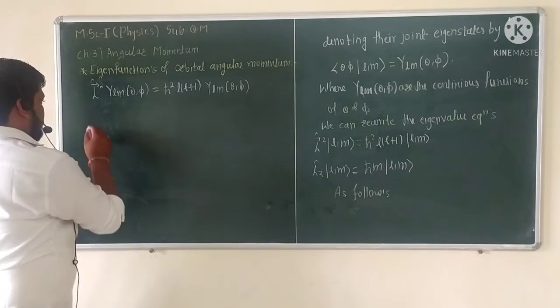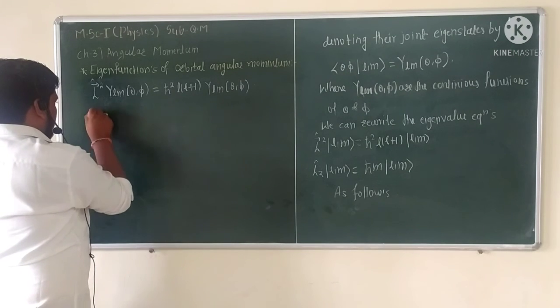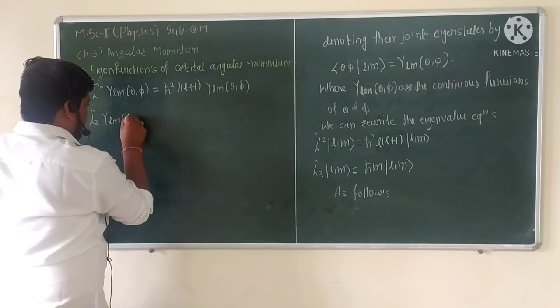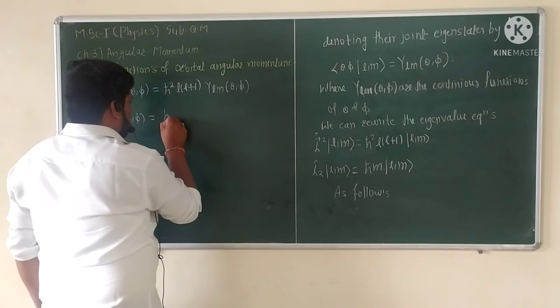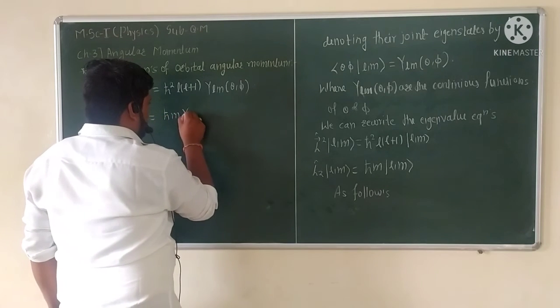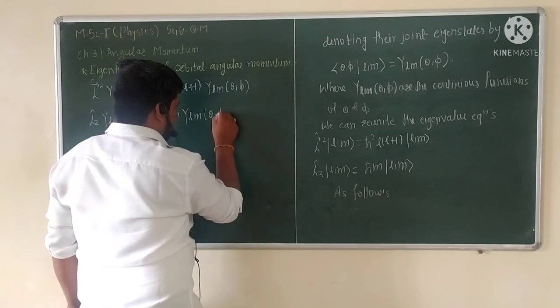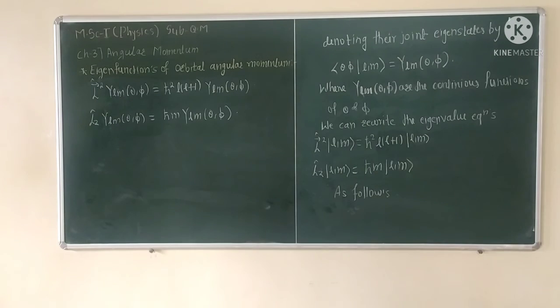And again, Lz cap, rewritten in terms of Y Lm of theta and phi, is equal to h cross m Y Lm of theta and phi.